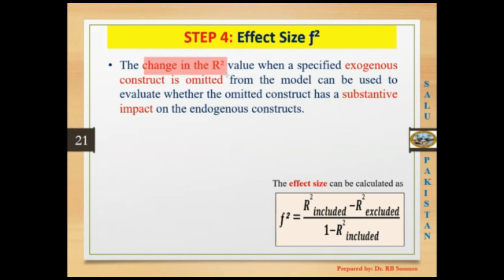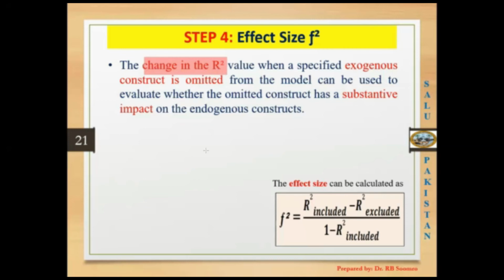Sometimes by mistake we exclude an independent variable which has a substantial impact on R square. If you exclude that variable from the model, the F square will be substantially reduced because of the exclusion of a very important independent variable.